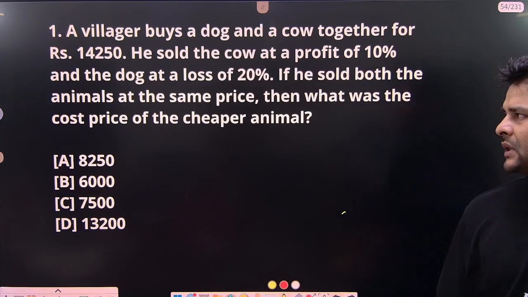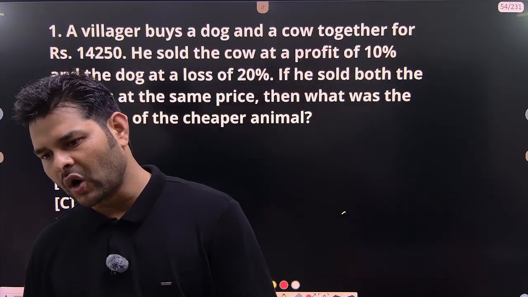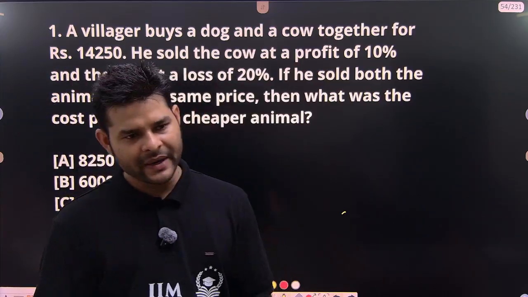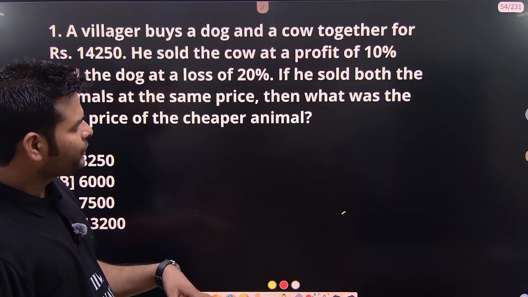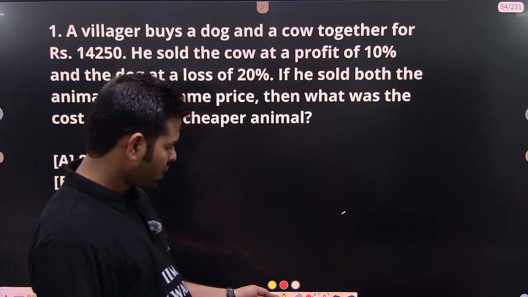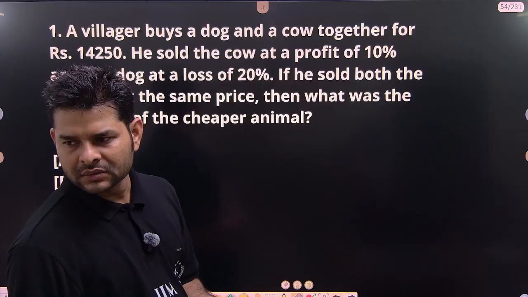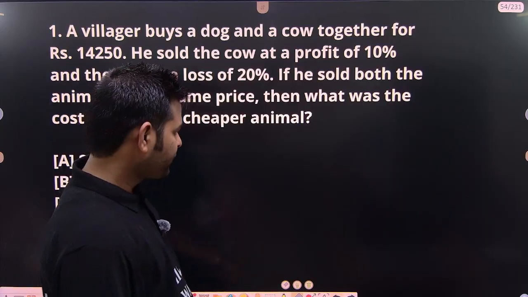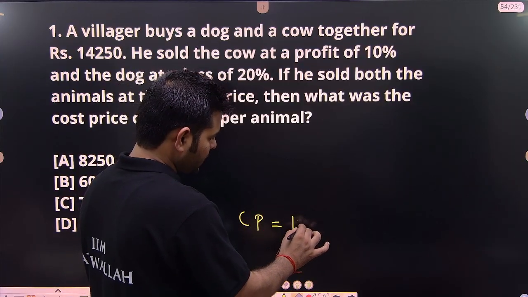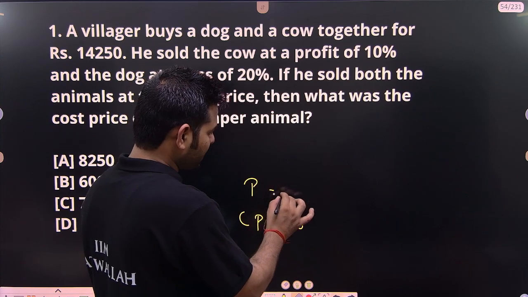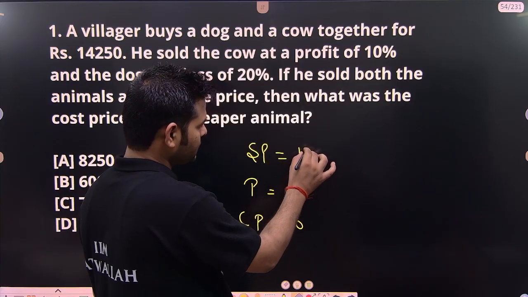So basically 14,250 is the cost of dog and cow together, the combined cost. He sold the cow at a profit of 10%. So what would be the 10% as a fraction? 1 upon 10. So if 10 is CP, he is making a profit of rupees 1. So SP would be 11. Quite clear?